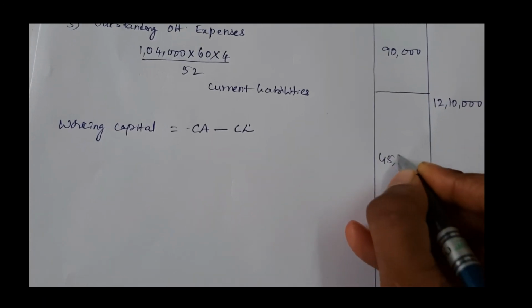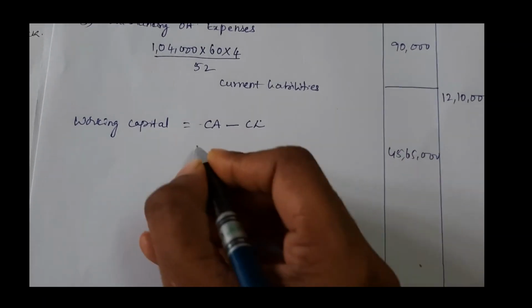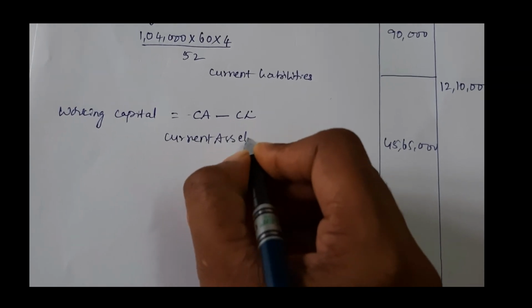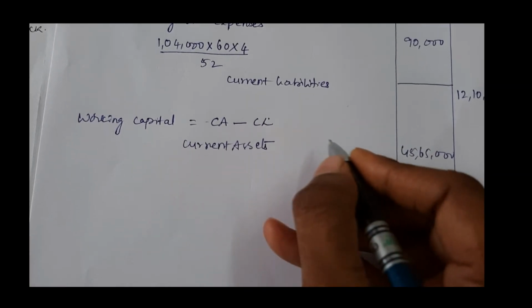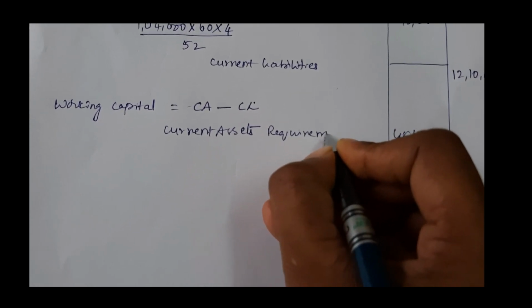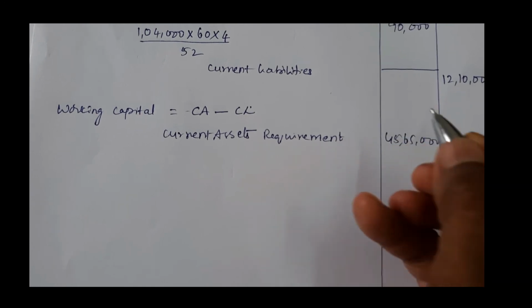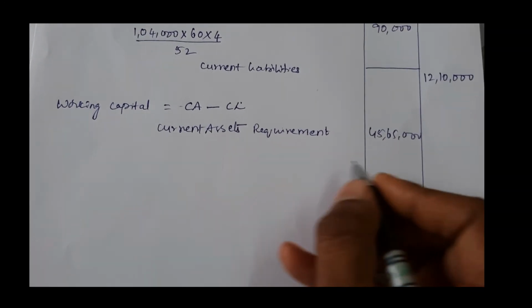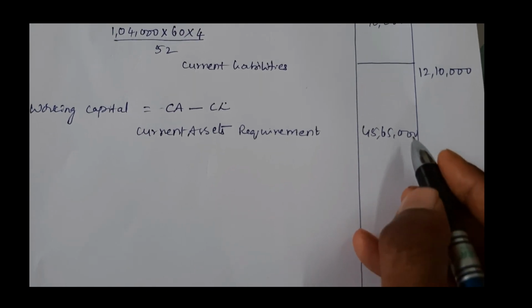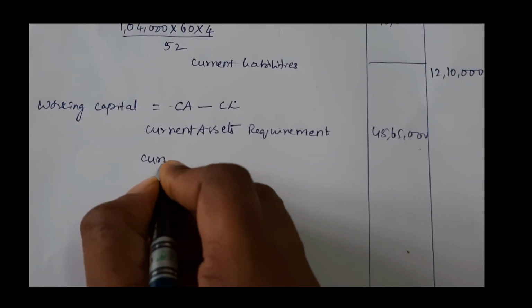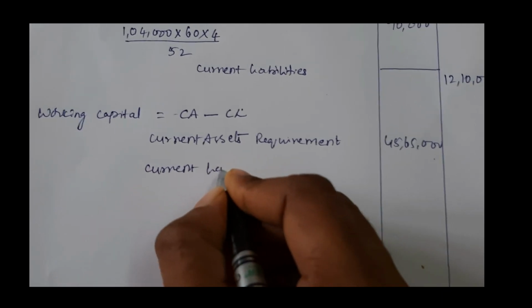So 45,65,000 all current assets requirement has to be considered first, and then we should consider current liabilities requirement.